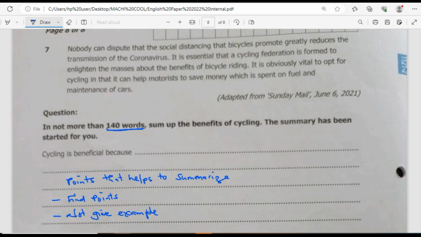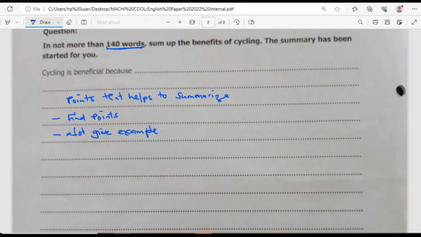The other one is that it should be in paragraph form, mainly only one paragraph.